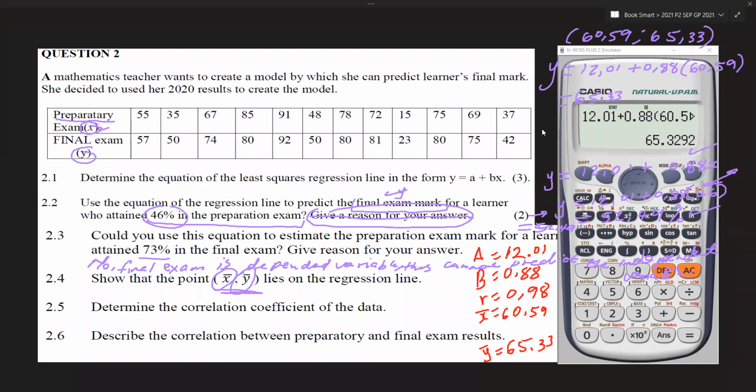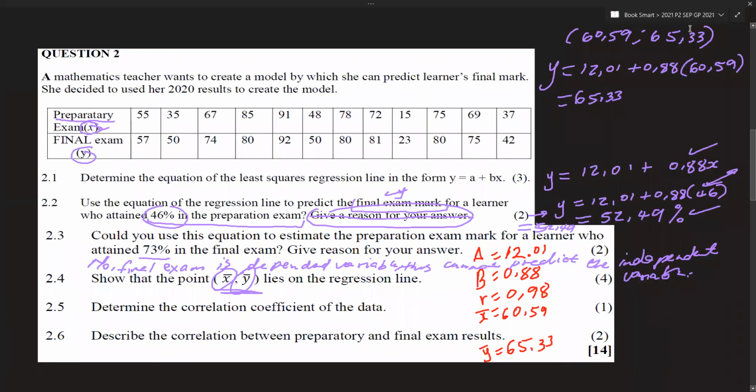That's very exciting because this answer is the one there. So we can conclude that therefore the coordinate (x, y) lies on the regression line. Awesome. So we're done there. You get your 4 marks.